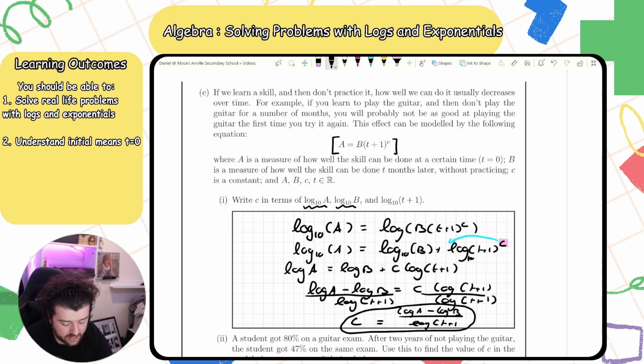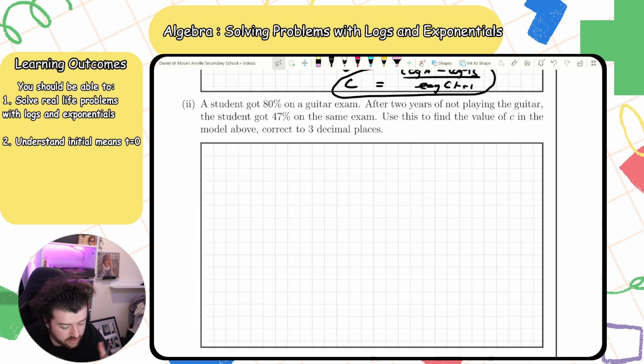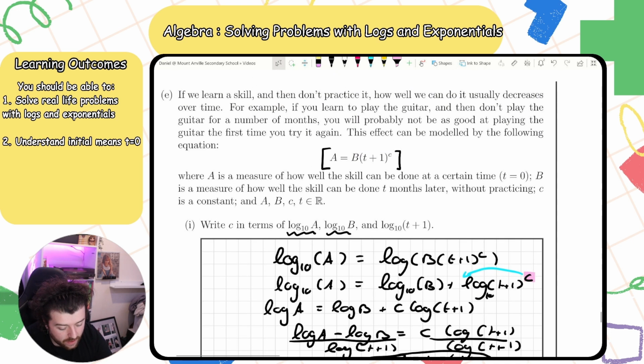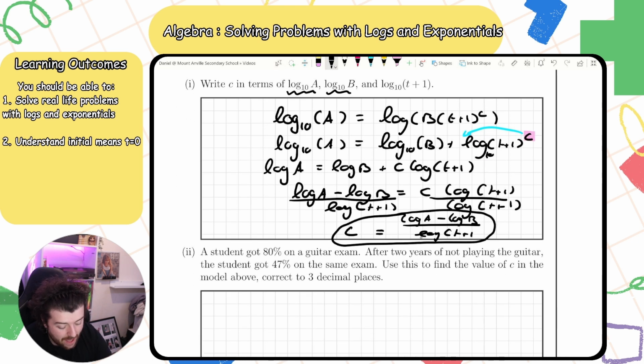There's my answer there. So a student got 80% on a guitar exam. After 2 years of not playing it, he got 47% in the same exam. Find the value of c in the model above, correct to 3 decimal places. So this is a fun one because we can actually use our answer here.